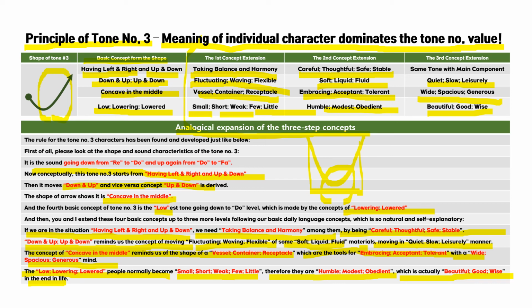So we can easily remember that the character has got the value of tone number 3. For Chinese character and Chinese language learners, it can be a guideline to easily and quickly catch the tone number principle for each character.